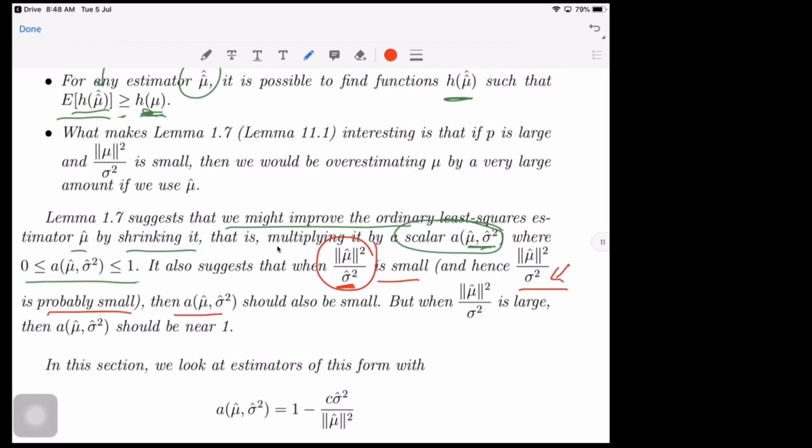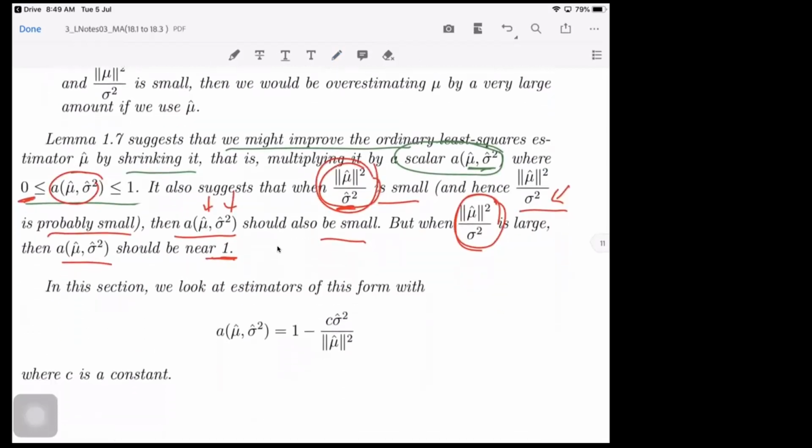Then a scalar which is a function of mu hat and sigma hat squared should also be small. But when this one is large, then this one should be near 1. So when this is small, you choose A to be close to 0. When this is large, you choose A to be near 1. Okay?